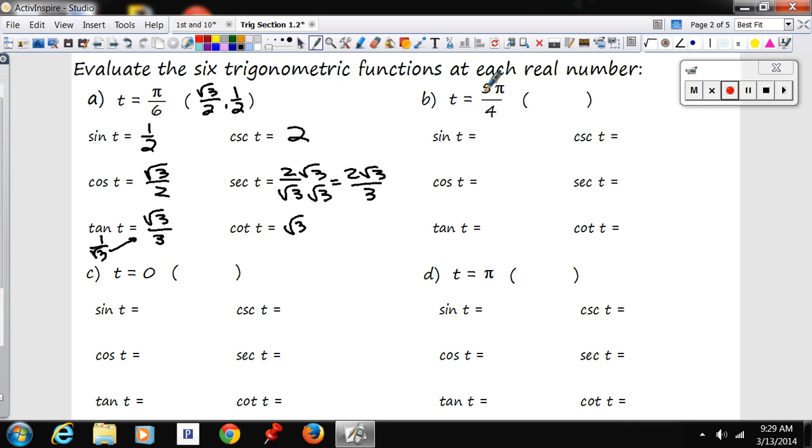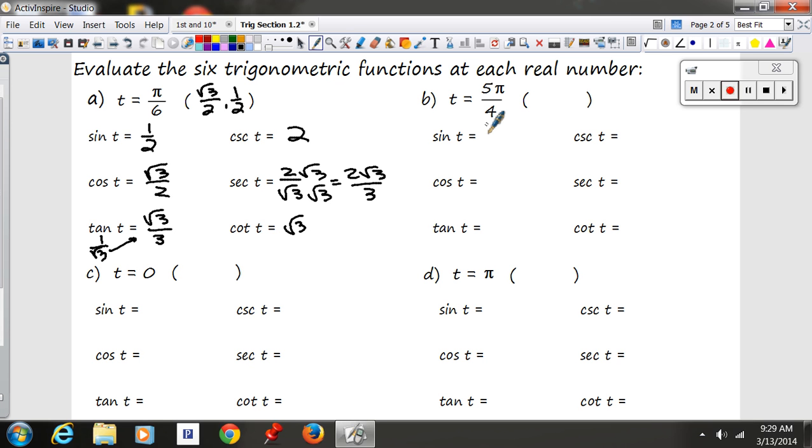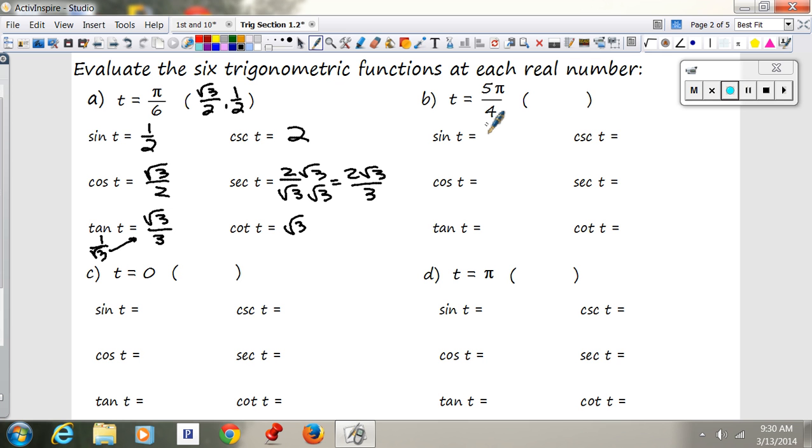Now let's find out where 5 pi over 4 is on your unit circle. It's on the paper right above that. Where's 5 pi over 4? Give me the coordinate for 5 pi over 4. Negative radical 2 over 2 and another negative radical 2 over 2. So you got the same exact x and y value.